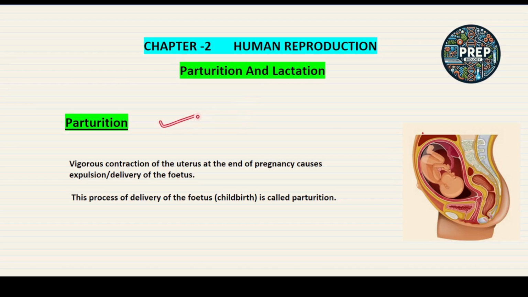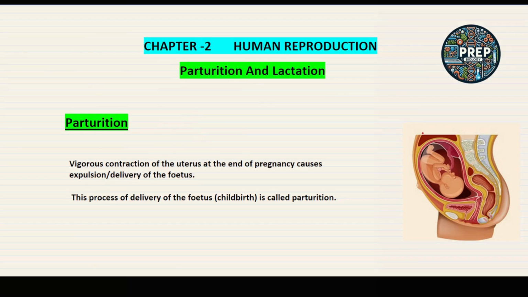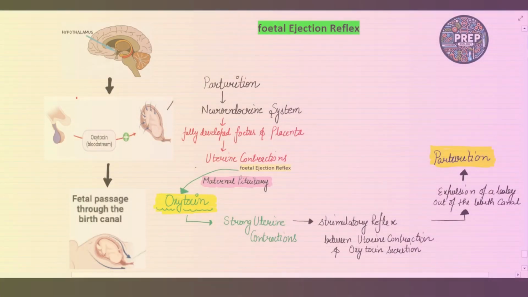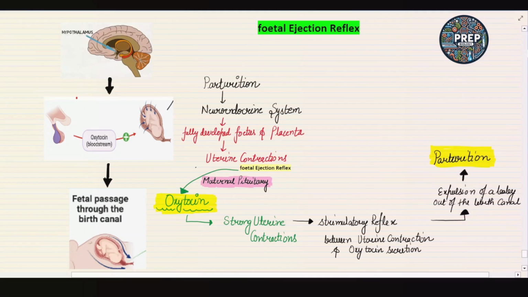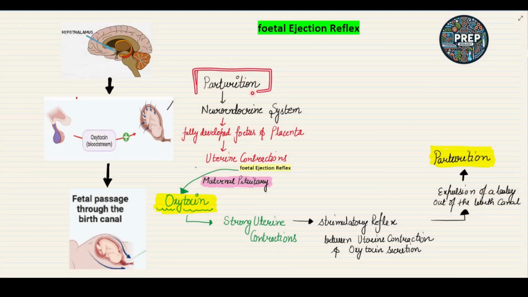That process is called parturition. The parturition process is induced by different neuroendocrine systems.